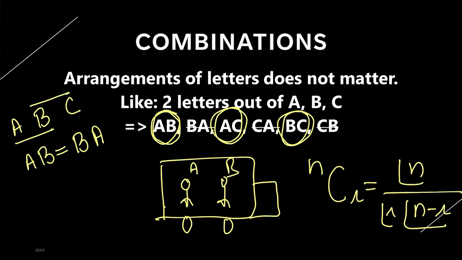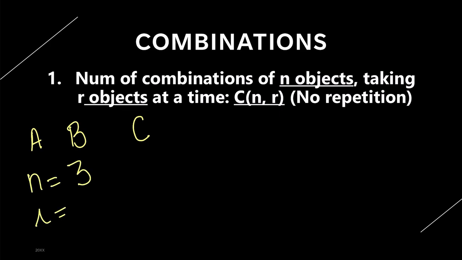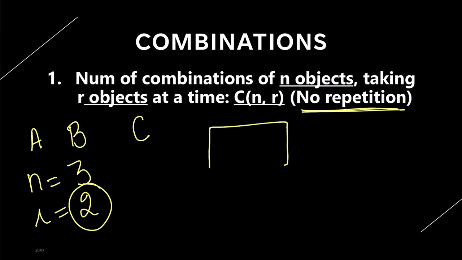Now let's see what is new in the case of combinations. Number of combinations when there are n objects, means A, B, C are given to you, so n is 3. You have to pick two people. So no repetition is allowed. Suppose the first person you pick is A. The second person you can pick is either B or C. You cannot pick A again.